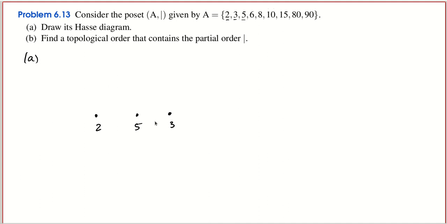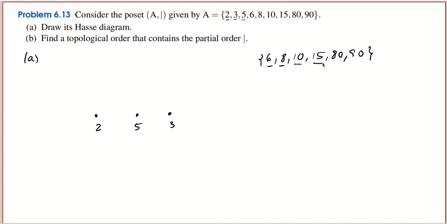Okay, now once you remove them, you're left with the set 6, 8, 10, 15, 80, and 90. And now you look for the elements that are not divisible by any other in the set, right? 6 is one of them, of course. 8 is another one because it's not divisible by 6. 10 is not divisible by any of them, right? Now 15 is not divisible either. But then these two are divisible by 10, so these are excluded.